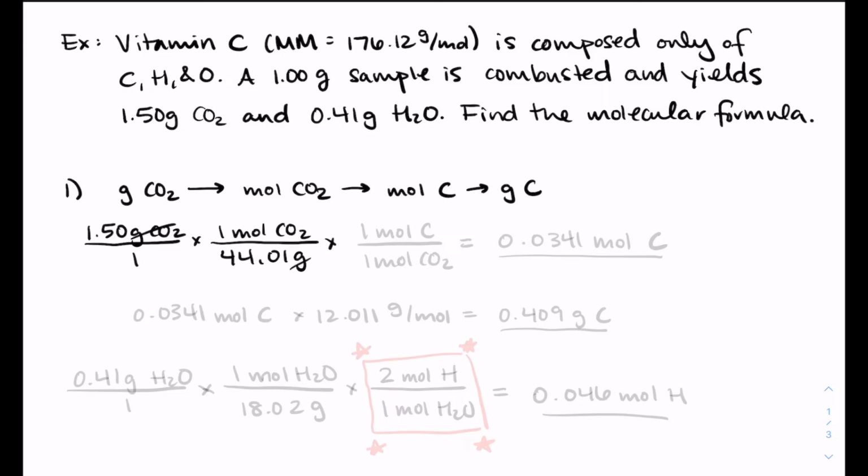Now you can see from how I've set up my calculation: I have 1.5 grams of carbon dioxide times 1 mole of carbon dioxide over 44.01 grams of carbon dioxide times 1 mole of carbon over 1 mole of carbon dioxide. I've stopped and just written the number of moles of carbon because in step 3, when we make a preliminary formula, we will need moles of carbon.